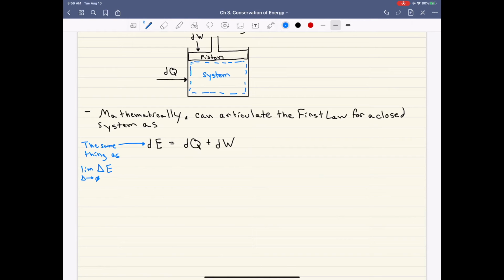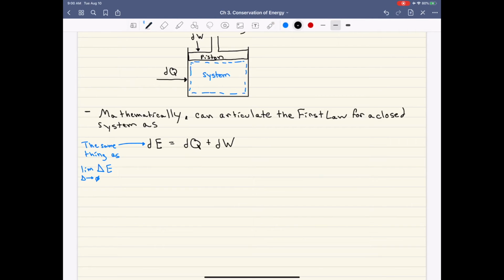It's basically 0. Whenever I write out the derivatives here, that means I'm talking about very, very small changes in that quantity. So very small changes in energy are going to be equal to the sum of very small changes in the heat and very small changes in the work that are added into the system.